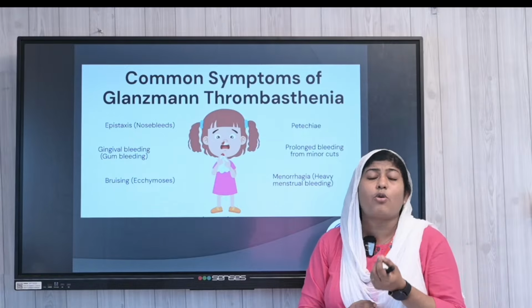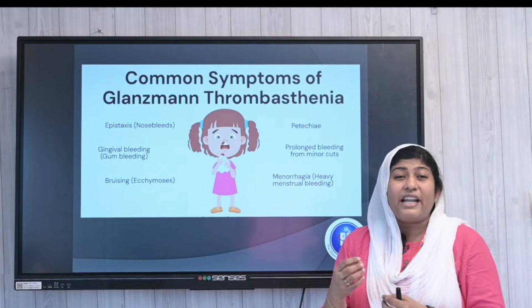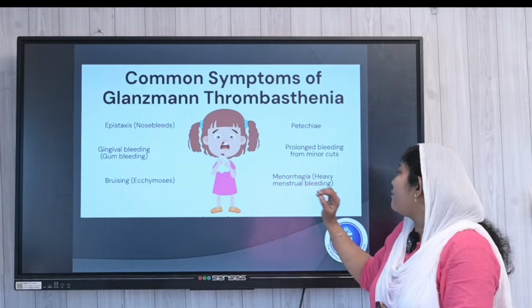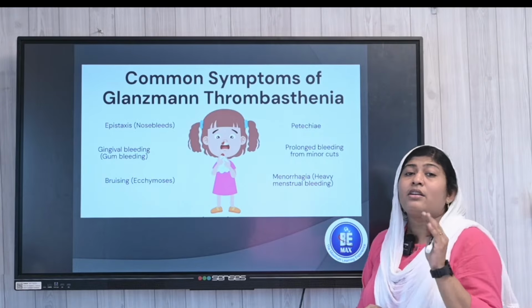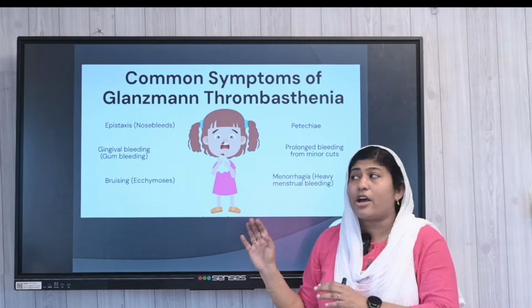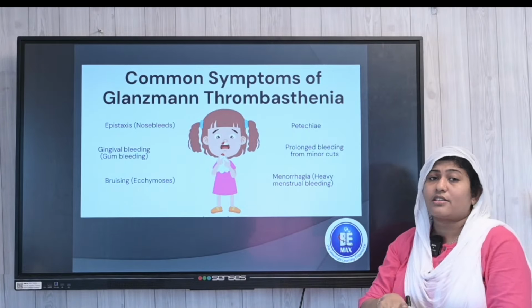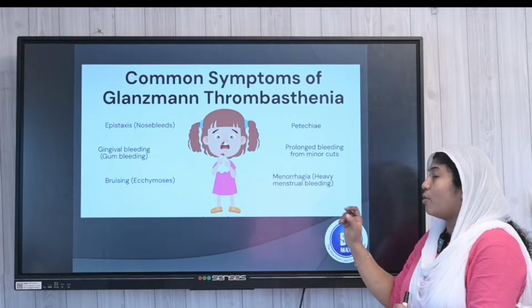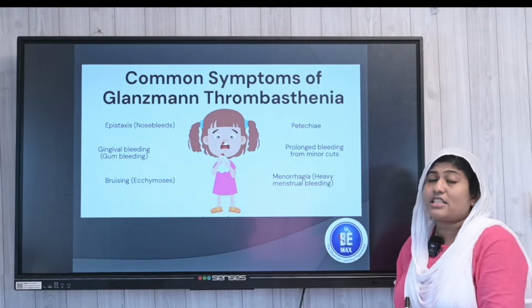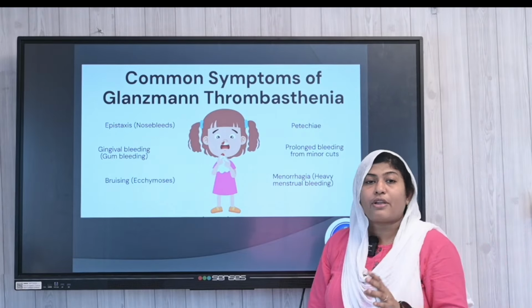Even with a small injury, the bleeding will not stop. Finally, a woman may have heavy menstrual bleeding or menorrhagia. These are the common symptoms associated with Bernard-Soulier as well as Glanzmann thrombasthenia. Glanzmann thrombasthenia is mainly reported in females more than males.